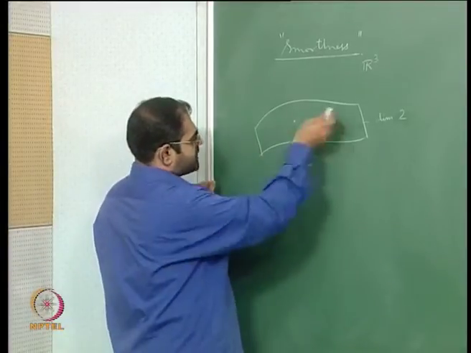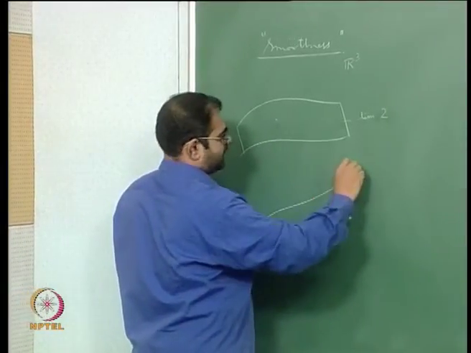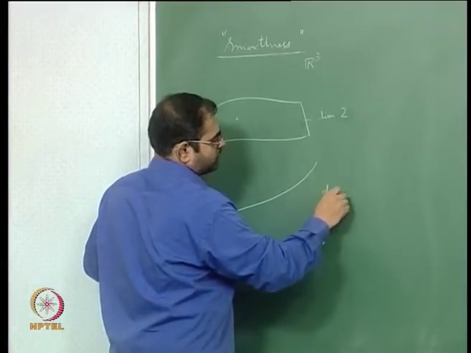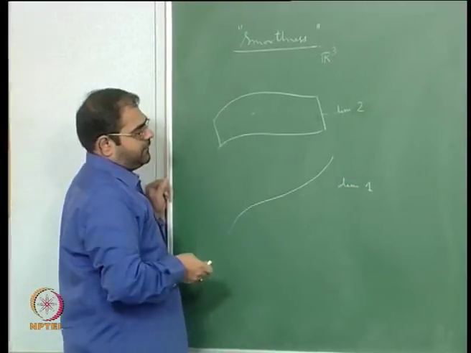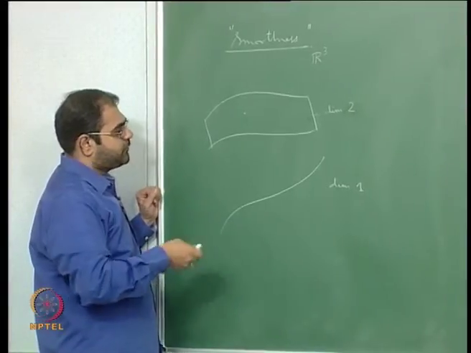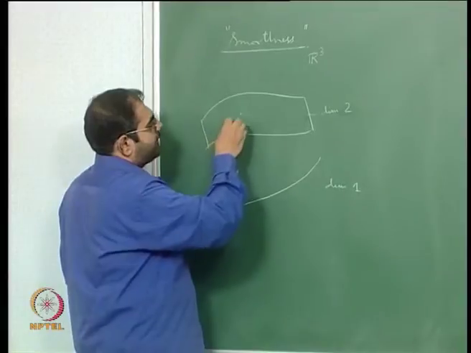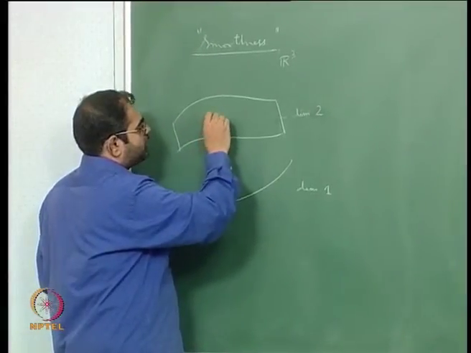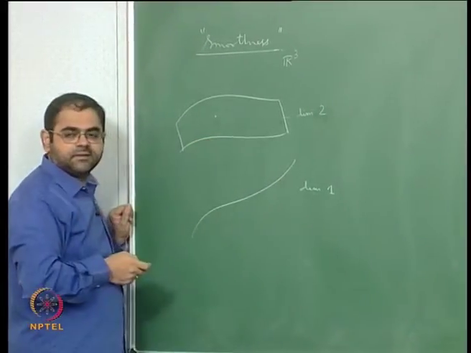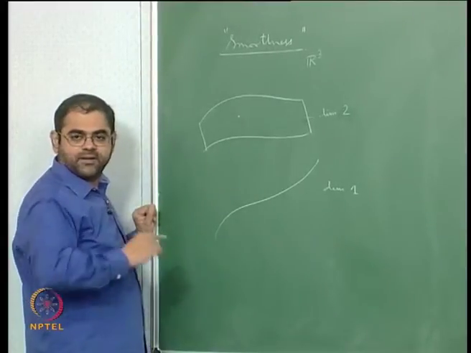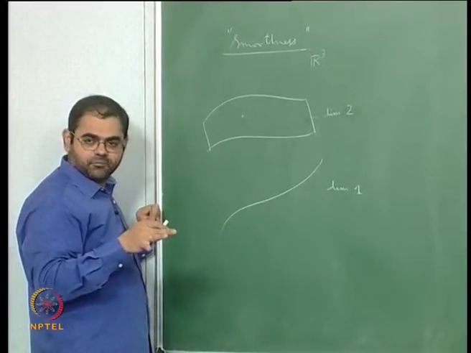So a surface will be dimension 2, a curve in 3 space will be dimension 1, and if you take a point on the surface and try to draw all possible tangents to the surface at that point, you get the tangent space at that point.